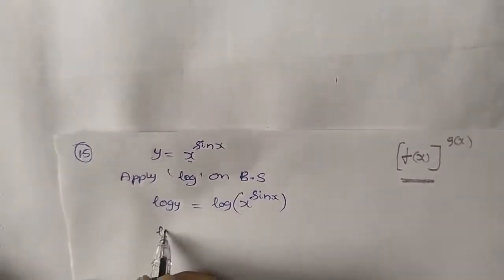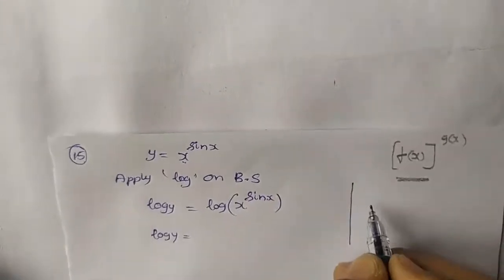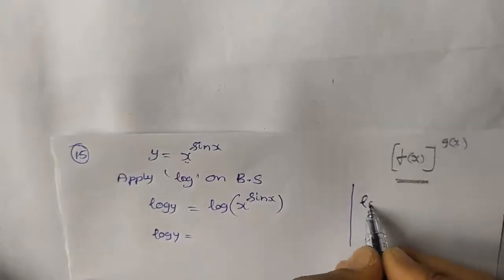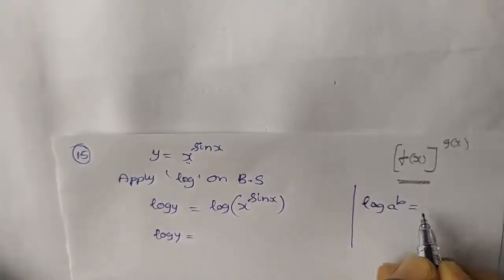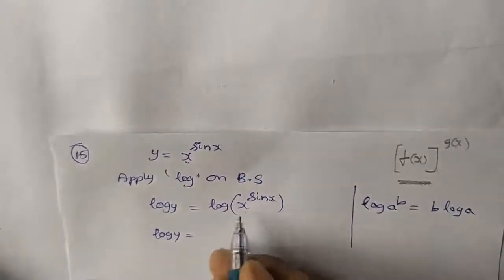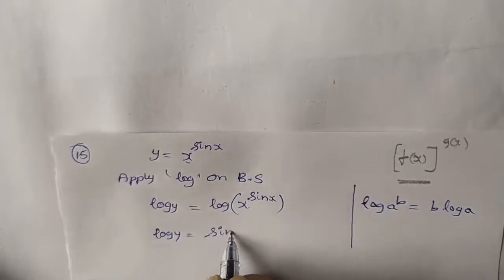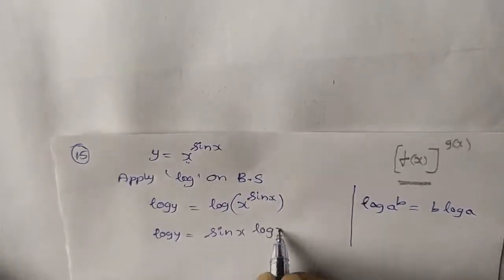Next, we know that log a power b equals b log a. It is the formula. By using this formula, log x power sin x can be written as sin x into log x.